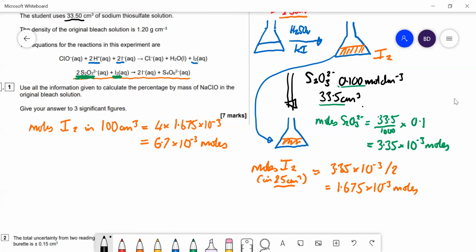Moles of iodine in 25 centimeters cubed is that. So the moles of chlorate are the same, because look, 1 mole of chlorate reacts to give 1 mole of iodine. So the moles of chlorate in 25 is equal to that.